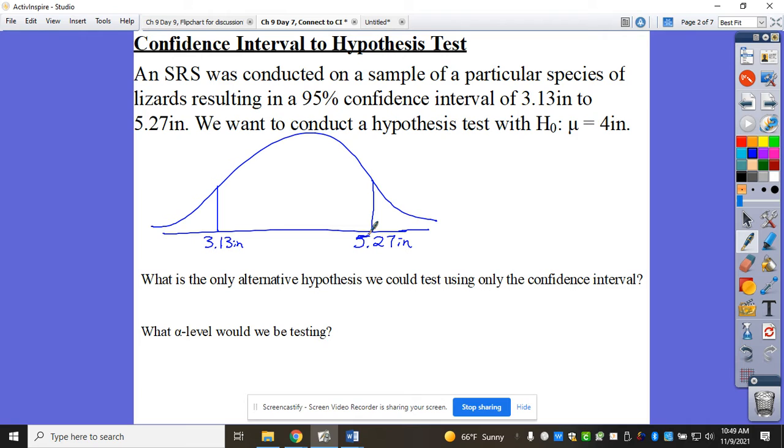And we are conducting a hypothesis test claiming that the mu actually is 4 inches. So if we have a picture that looks like this, now applying to chapter 9, where we are right now, what is the only alternative hypothesis that looks like this?